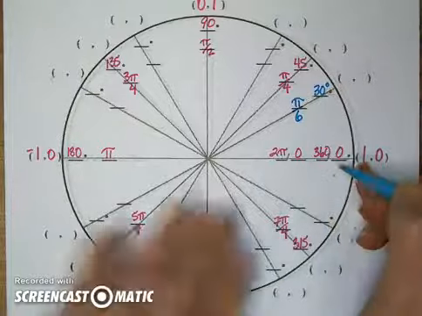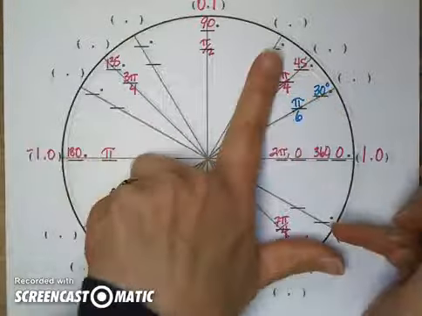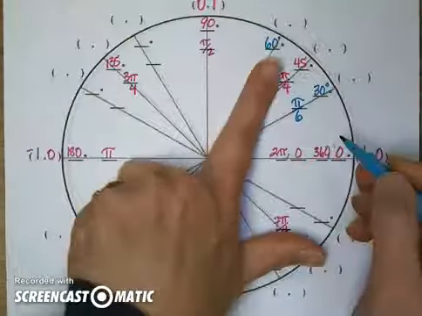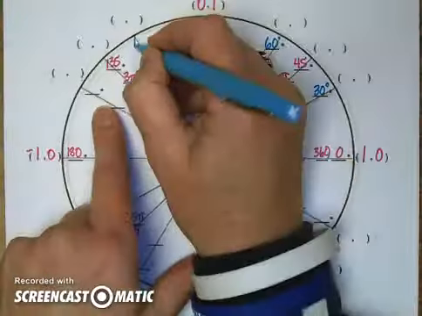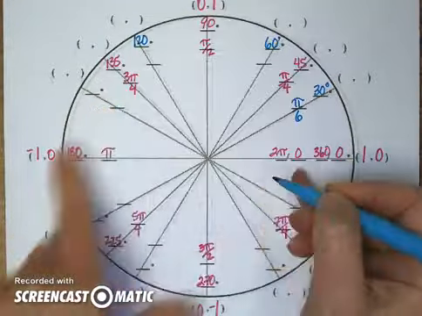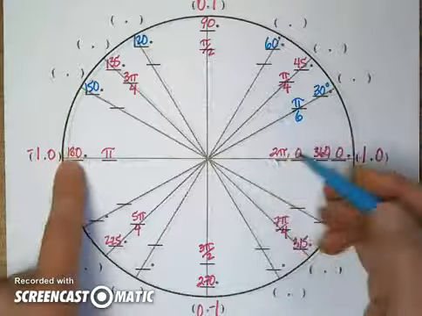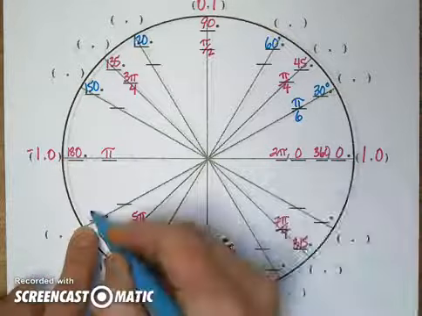Let's do the degrees. So if I'm at 30 degrees, I go another 30, I'm at 60 degrees. Then if I add another 30, I'm at 90. If I add another 30, I'm at 120. If I add another 30, I'm at 150. If I add 30, I'm at 180. So far, so good. Add another 30, you're at 210.